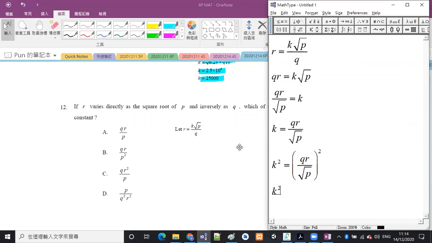Okay, so k square is equal to just share this square to the q square, r can get a square, and then square root p can get a square. It becomes p. Okay, can get this?